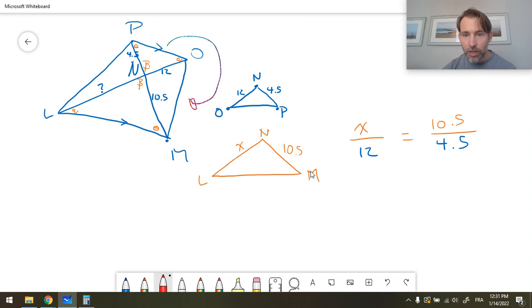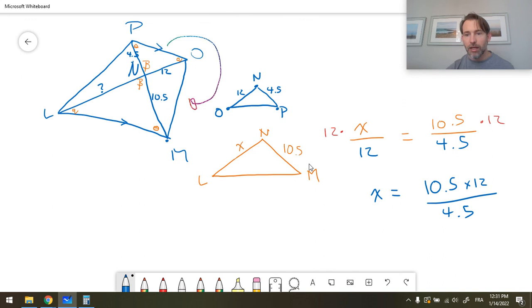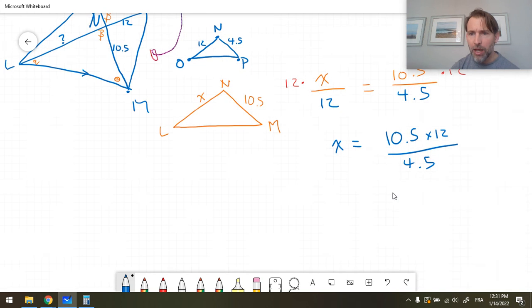So now a quick inverse operation of multiplying both sides by 12 will isolate X. Okay. So X is equal to 10.5 times 12 over 4.5. Okay, and 10.5 over 4.5 is the same thing as, I'm going to do this without a calculator. 10.5 over 4.5, divide each by 1.5, because 1.5 is a factor for both.